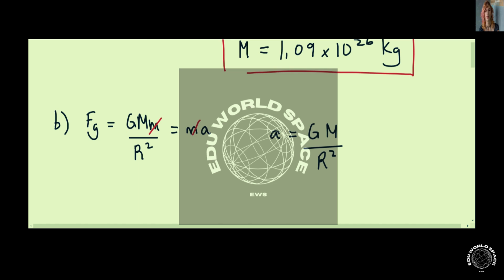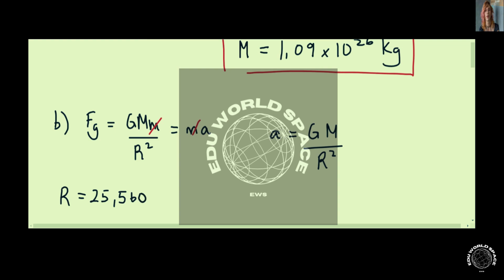We do have to be careful now, though, because the r is a bit different than the r in the previous section of the problem. In the previous section, we were just using the radius of Uranus. In this section, we need to be using the distance between the center of Uranus and the center of Miranda.